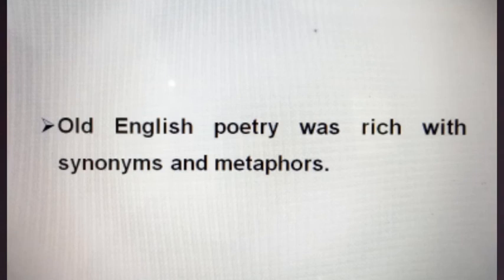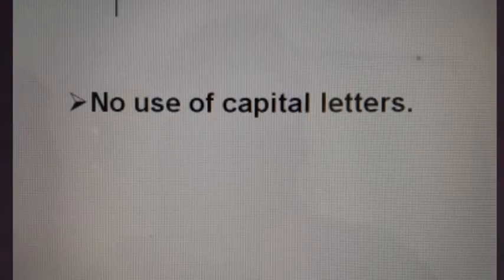Old English poetry was really rich with synonymous words and also metaphorical usages. When we check for other peculiarities of the Old English language, there was no use of capital letters.